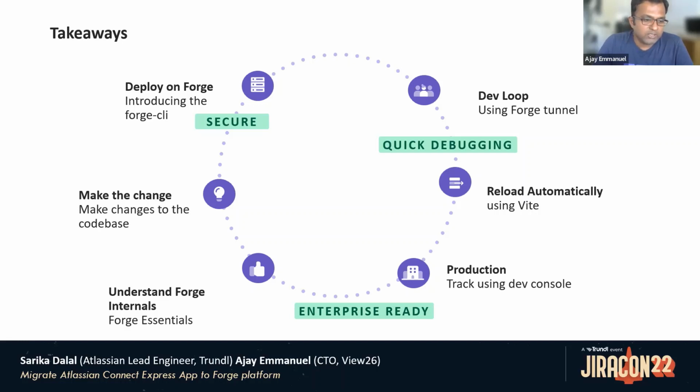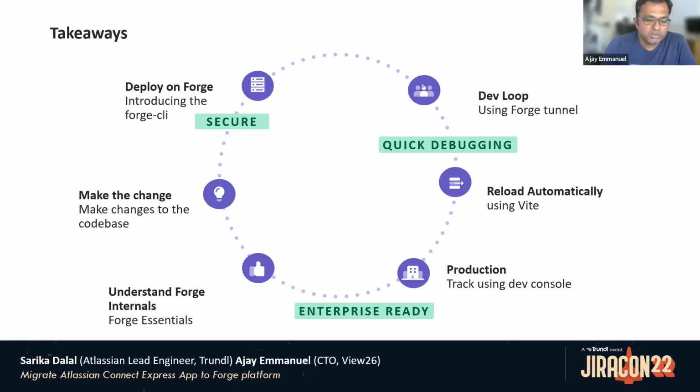We also had a look at the Forge architecture and the fundamental change with respect to Connect, which is that the Forge platform is a hosted solution by Atlassian, and Forge has the ability to take care of authorization, authentication, storage, and compute. So Forge helps developers worry less about security, and customers can have more trust in apps' performance, security, and handling of their data.